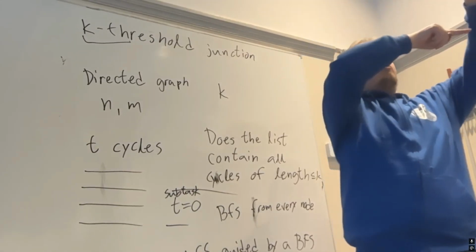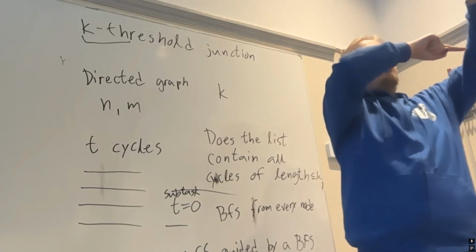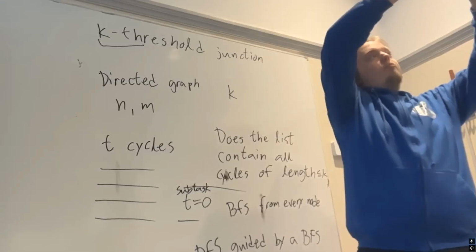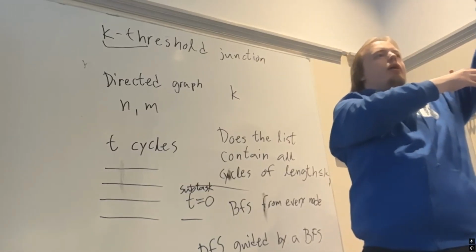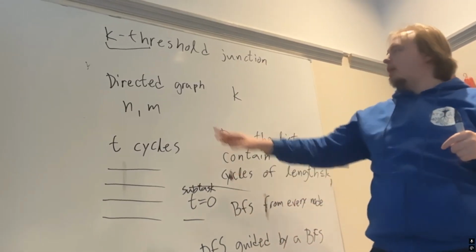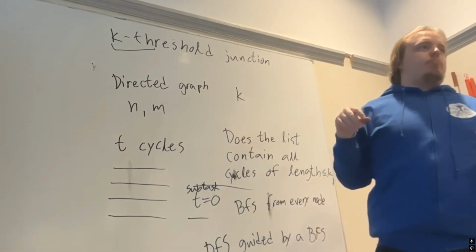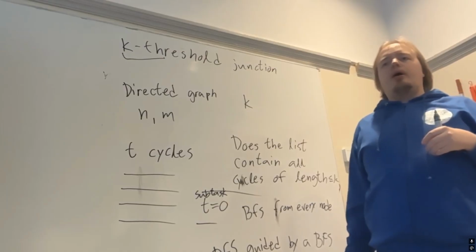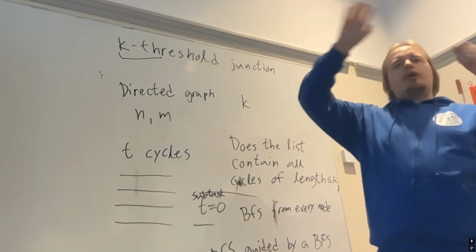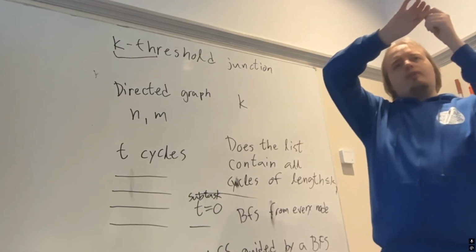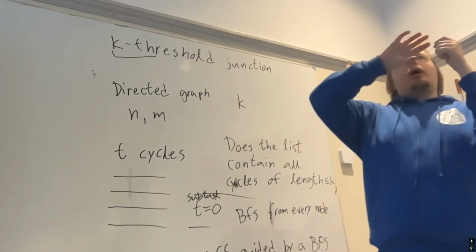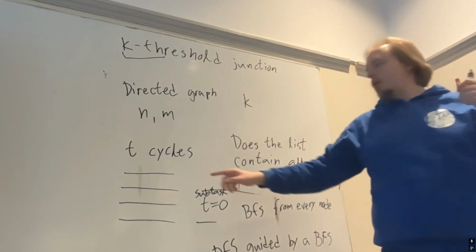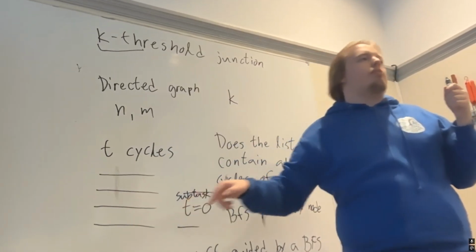So you do a BFS backwards from the endpoint you want to end up with, and check whether, if I expand in this direction, I come back in fewer than K steps. So you do this DFS guided by a BFS, and in every iteration of the DFS you do this BFS. You know you're always making progress, because you're always getting closer to finding a cycle, so always getting closer to finding anything on this list.